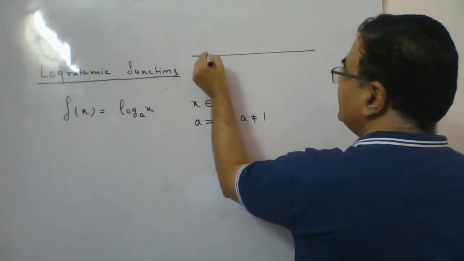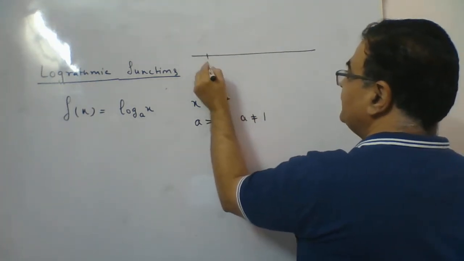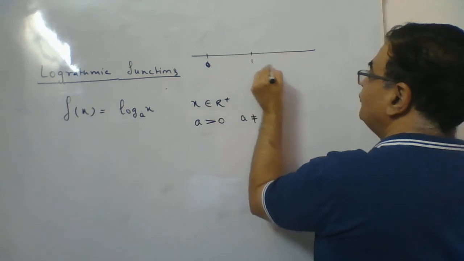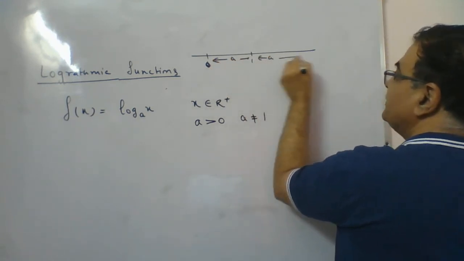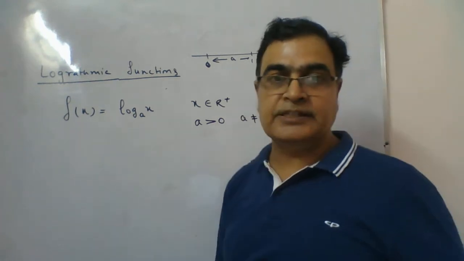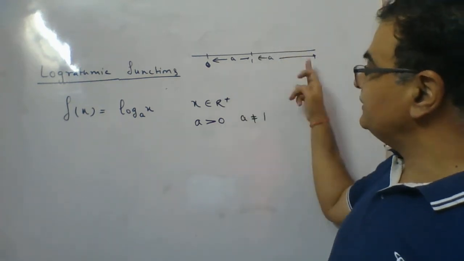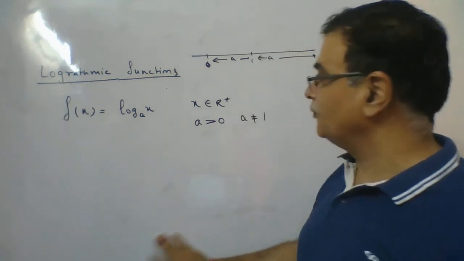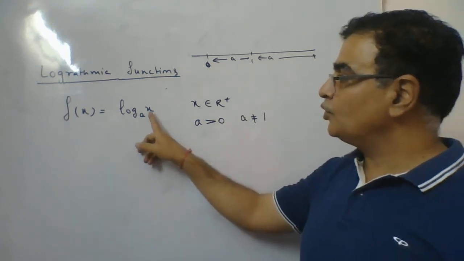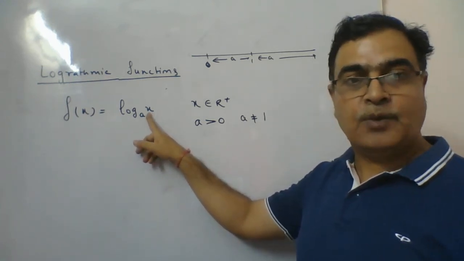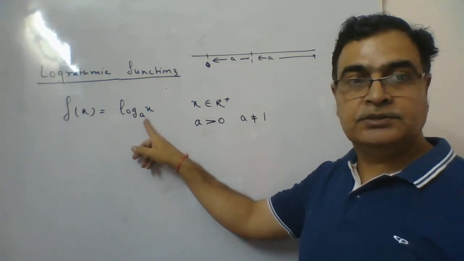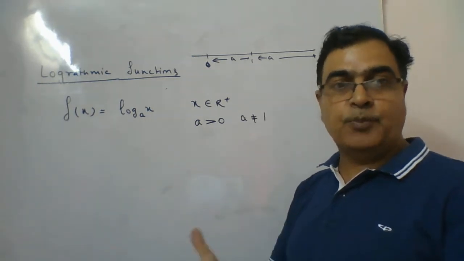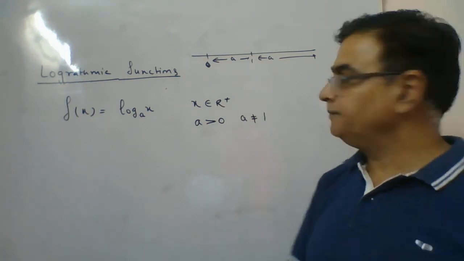That means A comes between 0 and 1 in the first case, and greater than 1 in the second case. So two cases will arise, and we are going to solve them. This time x will be R positive, and the base will be a real positive number, not 1.